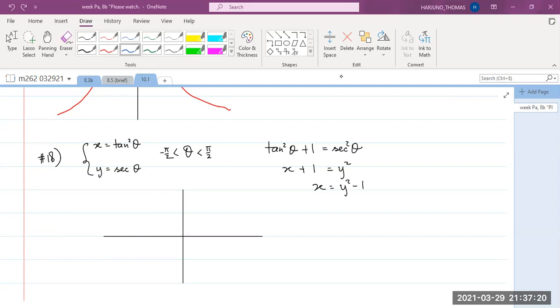Now, of course I do expect you to know the graph of x equals y squared minus 1. Something looks like this. You know what? Let me use red color instead, because red is the graph of the xy equation.